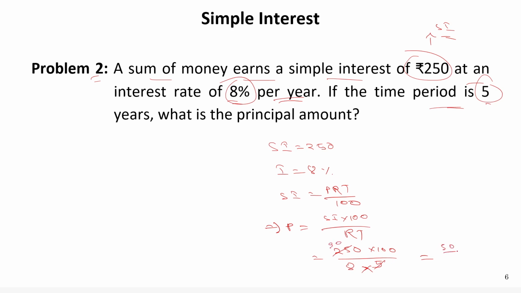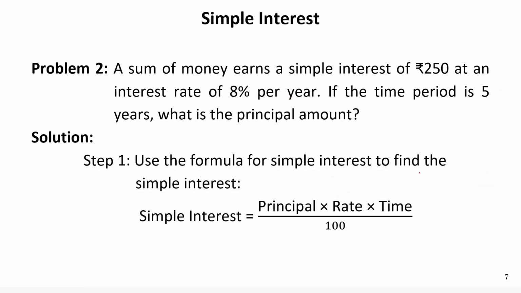So 50 by 8 into 100 is equal to 25 by 4, which is 12.5 by 2 into 100. This is nothing but 1250 by 2, which is equal to 625. So 625 must be the principal amount.